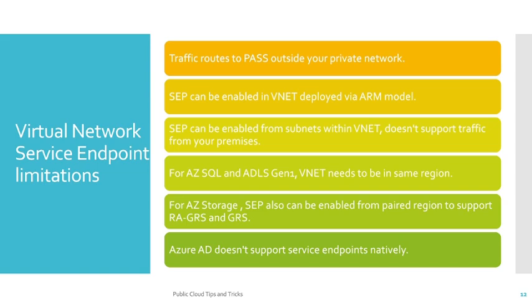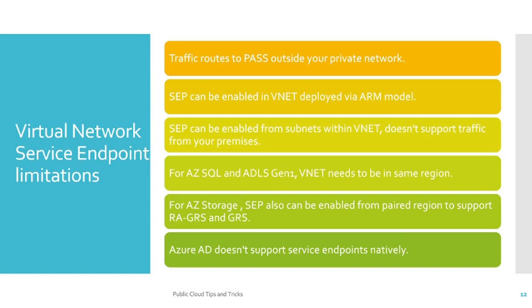That means your traffic is not inside your Vnet. Second, a Service Endpoint can be enabled only on a Vnet deployed via the ARM model. You are bound to do the deployment via the Azure Resource Manager model.